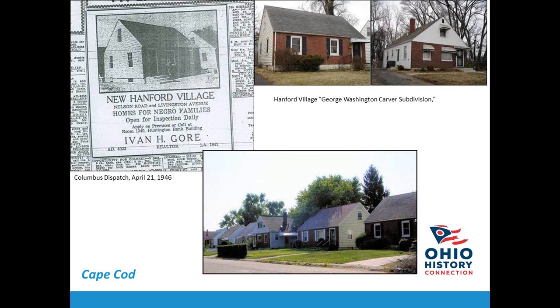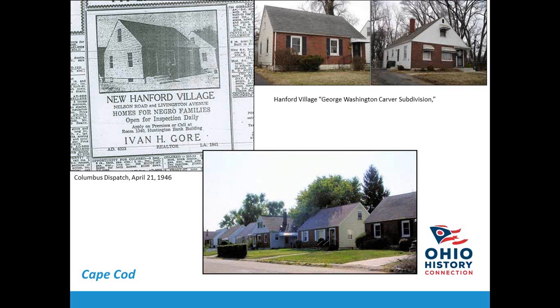And you'll notice it's primarily made up of these two housing types: either a side gable with a center front door or a front door off to the side, or a front gable with, again, a center doorway or a doorway off to the side.